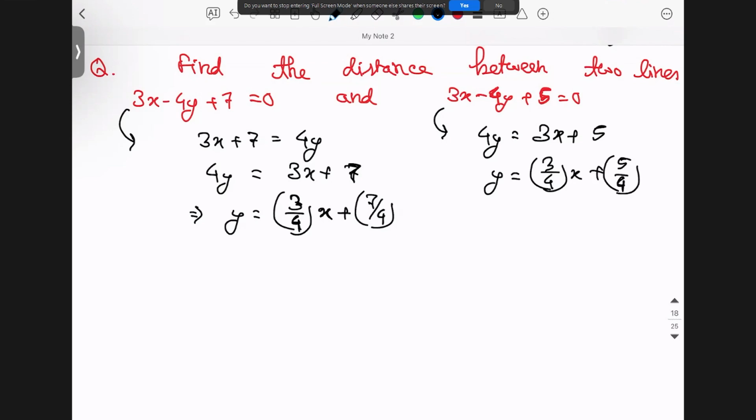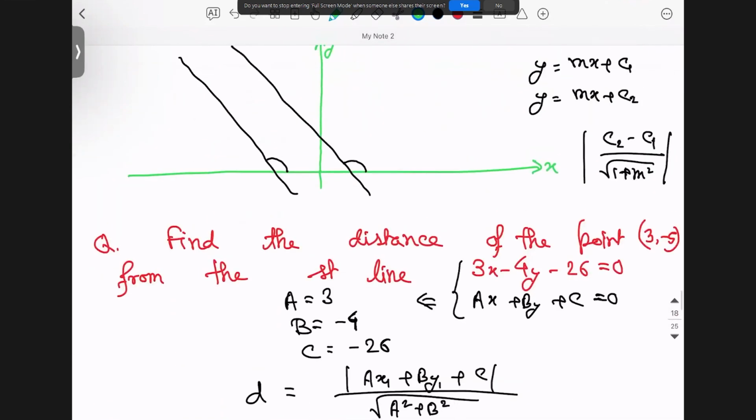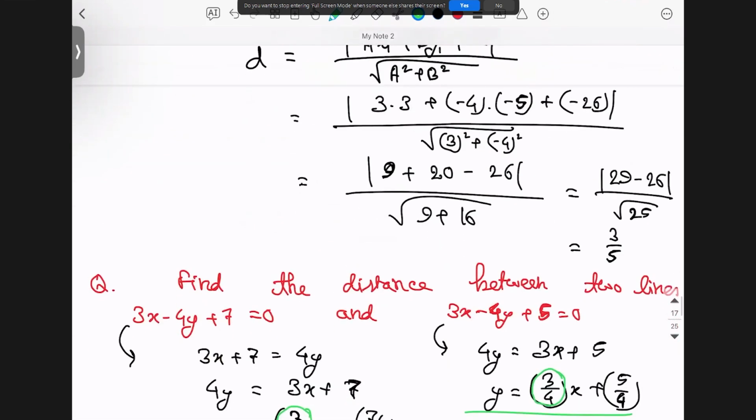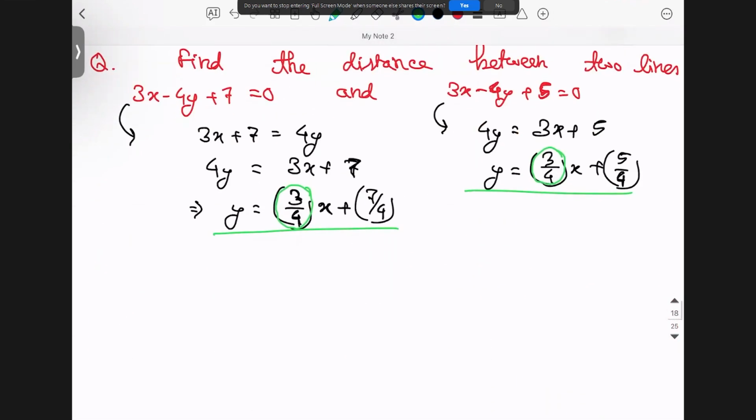So from here and here, it is clear that these two slope terms are the same. In general, we can say these two straight lines are parallel, as they have the same slope.